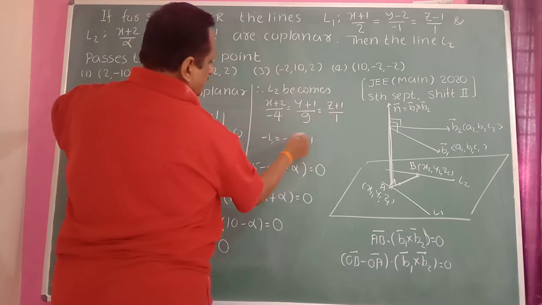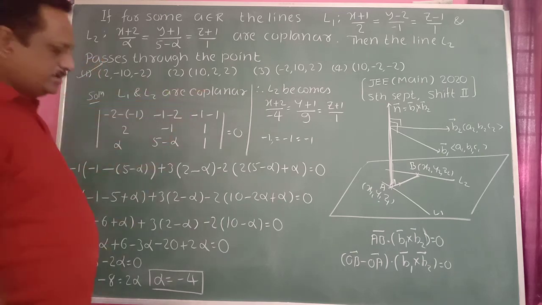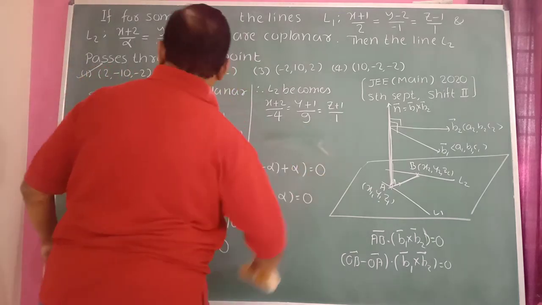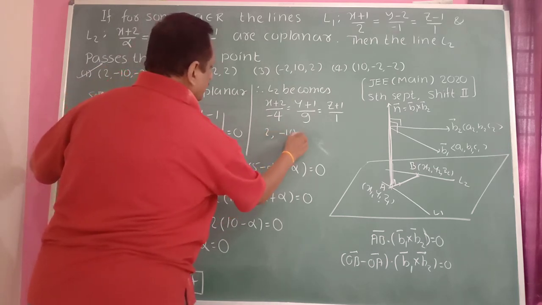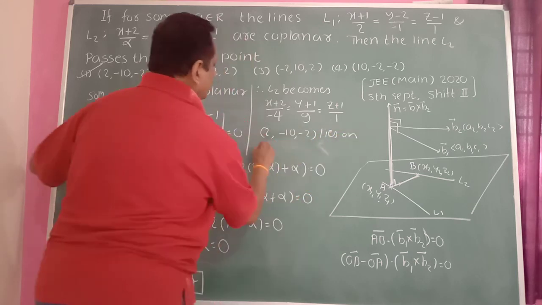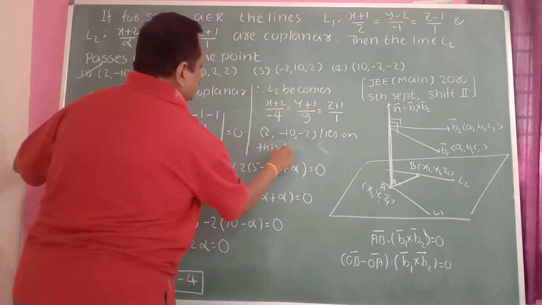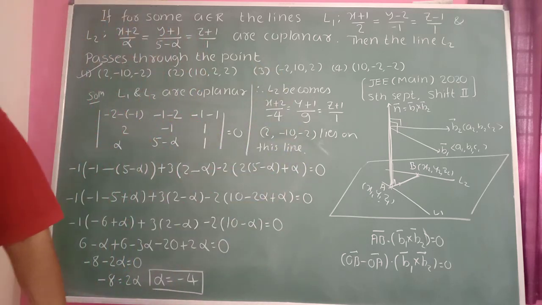Therefore, the ratios are all equal, so this point (2, minus 10, minus 2) lies on the line. This is the answer.